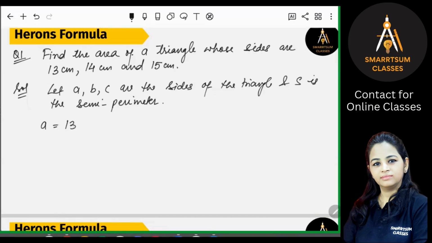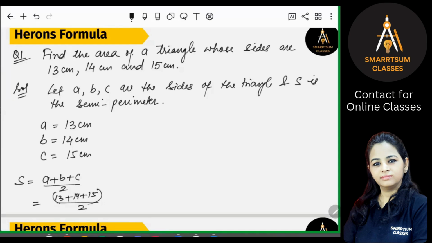So A is equal to 13 centimeters, suppose, B is equal to 14 centimeter, and C is 15 centimeter. Now we can find out the value of S. S is A plus B plus C by 2. So this is 13 plus 14 plus 15 divided by 2.